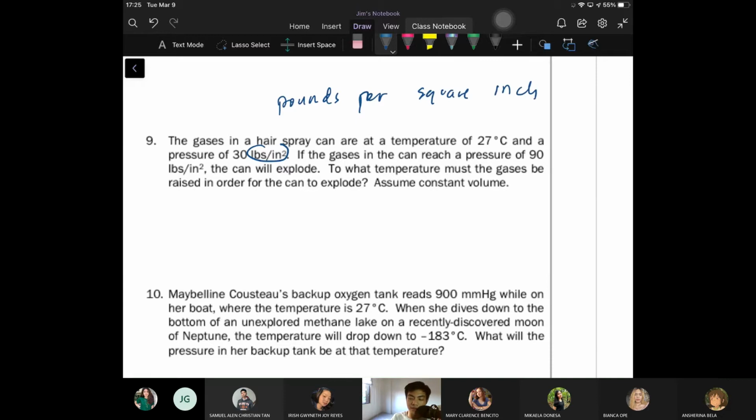Ang isang abbreviation yan ay PSI. Nakikita nyo yan sa water tank. Di ba may gauge doon? Nakalagay doon PSI, meaning nun ay pounds per square inch.